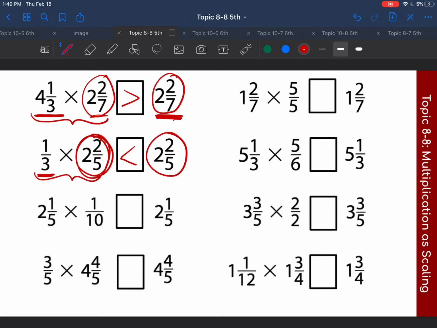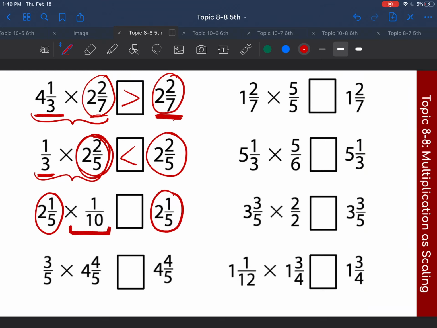So what I want you to do is look at the remainder of these problems and give these a go. Again, if you want to make a circle on your Google slide, you can, but identify what's the same. For this example, they have 2 1/5 the same, and then see what's happening to one of them and decide.